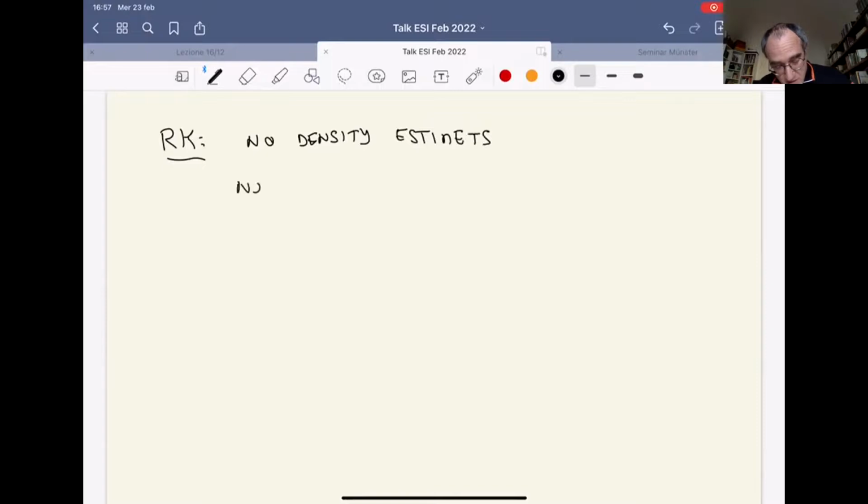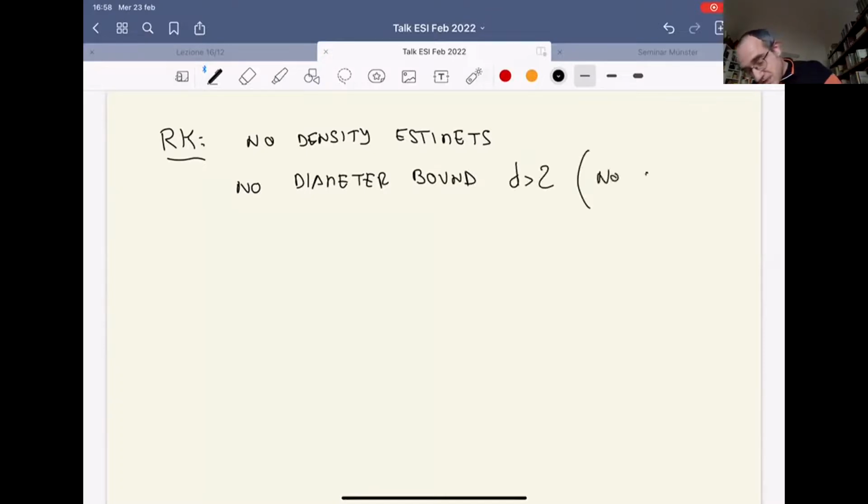And as a consequence, no diameter bound in dimension d greater than 2, and as a consequence, no existence of a real minimizer for the moment. But in dimension 2, we have existence, and we have a very weak regularity in dimension 2.